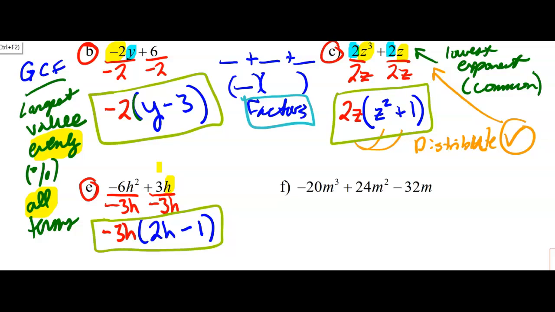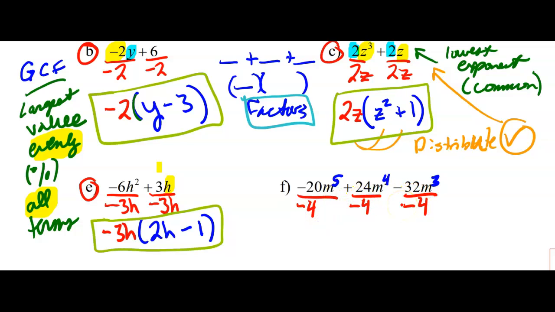On the next one, I'm going to change my exponents a little bit so you can see what happens if I have a bigger value. Let's try m to the 5th, m to the 4th, m to the 3rd. I'm changing this, so this is not the same as what you'll see on your paper. Negative, because the first term is negative. 20, 24, and 32, I'll divide by 4.